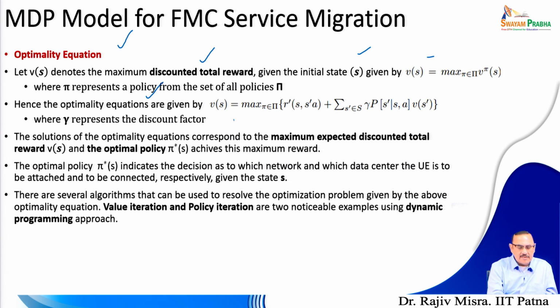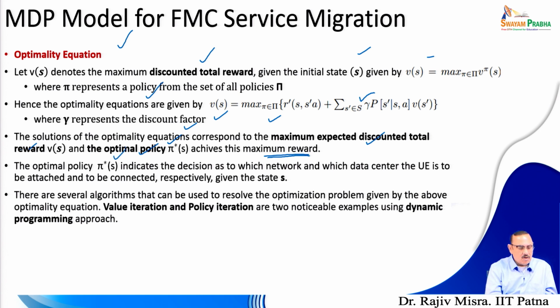Hence, the optimality equation is given by V(S), which is the maximum over the policy that maximizes the overall reward, where gamma is the discount factor, shown here. The solution of the optimality equation corresponds to the maximum expected discounted total reward, and the optimal policy pi star achieves the maximum reward. That action which gives the maximum reward is calculated in this optimality equation.